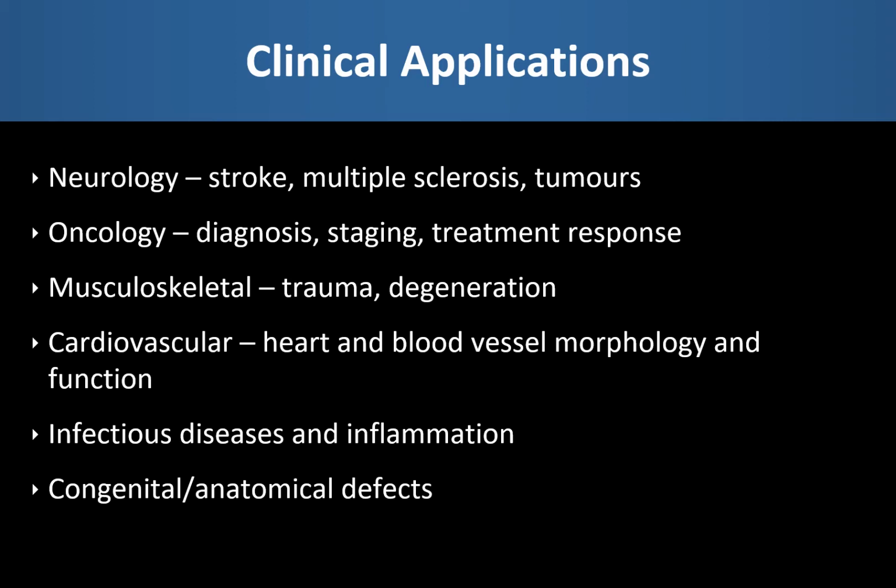In the cardiovascular system, which is the heart and blood vessels, MRI can be used to look at both the morphology or the structure of the heart as well as the function, how well it's contracting. MRI is also widely used for infectious diseases and inflammation, and also looking at congenital or anatomical defects.